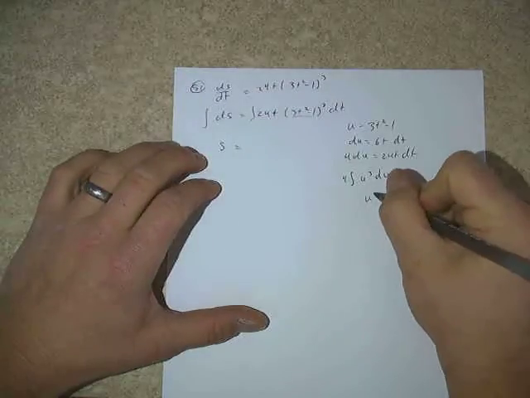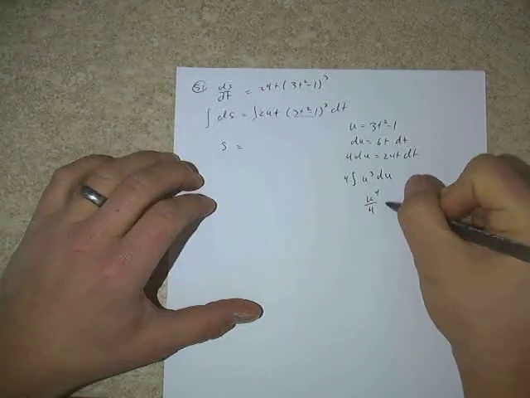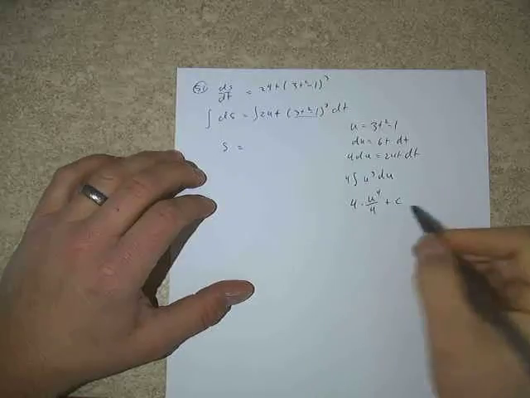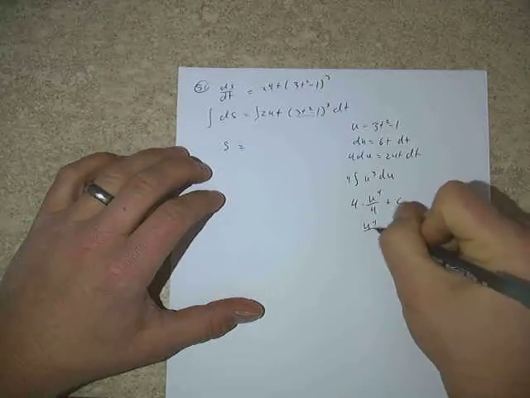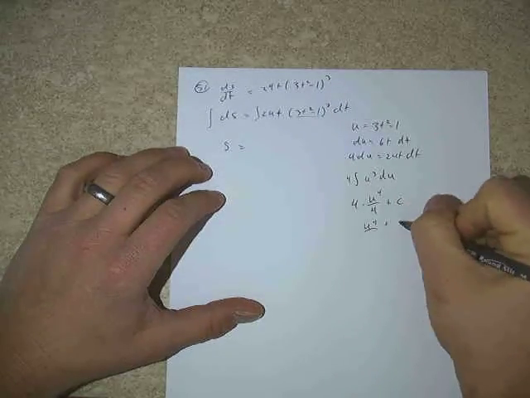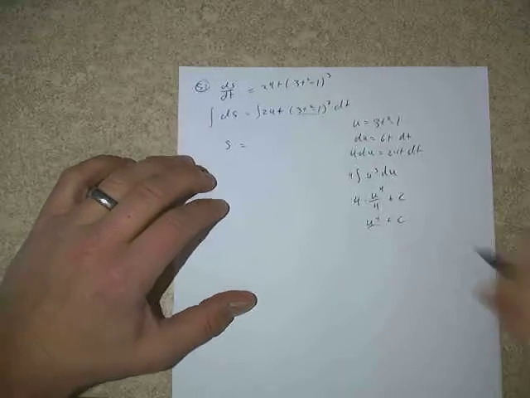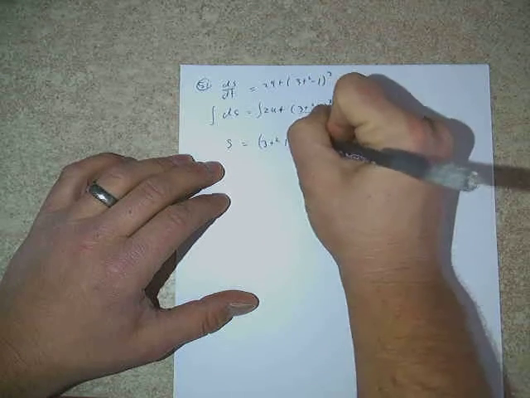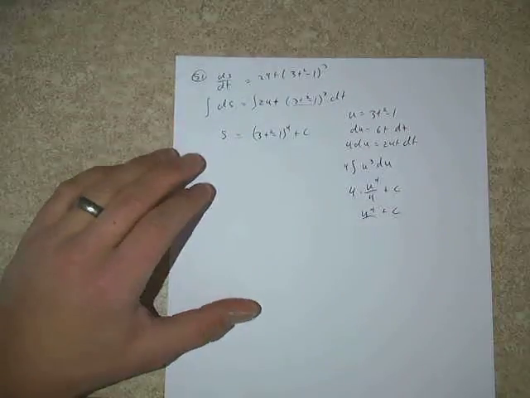Our antiderivative would be u to the 4th over 4 plus c, times 4, keep in mind. So ultimately it's just u to the 4th plus c. So on this side I'm going to have 3t squared minus 1 to the 4th plus c.